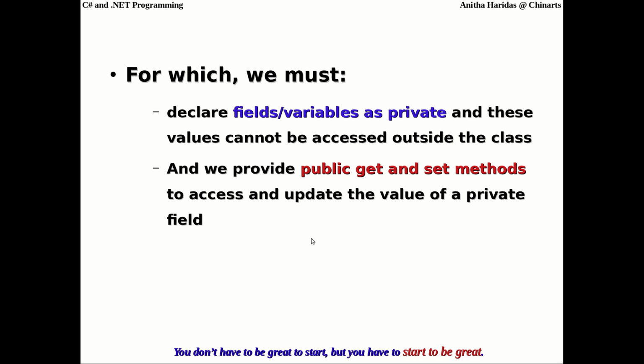This is what we generally do in a class in any of the programming languages. So to handle the encapsulation principle, we will have some private members which cannot be disclosed outside the class. But to manipulate these private fields, you will have some get and set methods that will update the value and access the value of the private field.